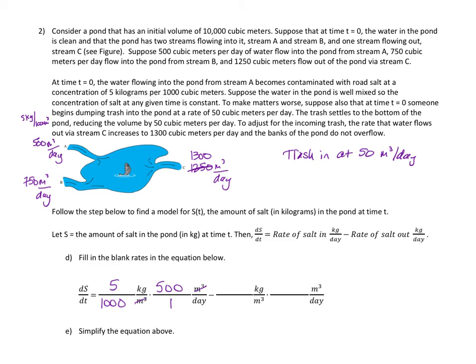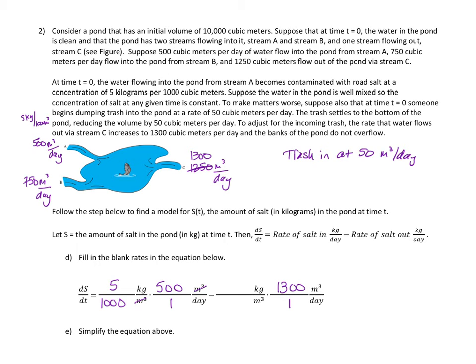Okay, so that's my rate of salt in, and then my rate of salt leaving is kilograms per cubic meter times cubic meters per day. Well, we know cubic meters per day is 1,300. And then I need to know the concentration of the salt leaving the pond.